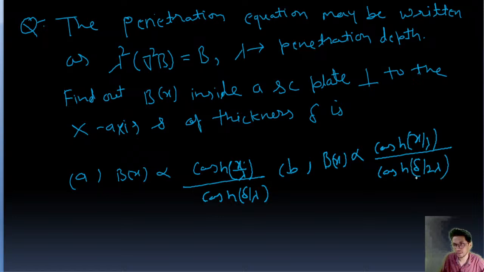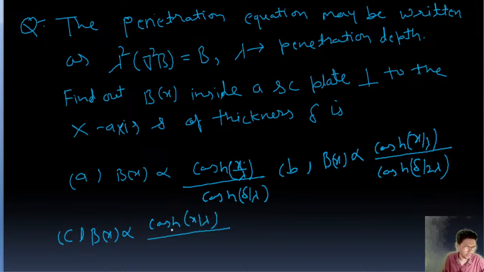Option C is Bx proportional to cos hyperbolic x by lambda upon cos square hyperbolic delta by lambda.